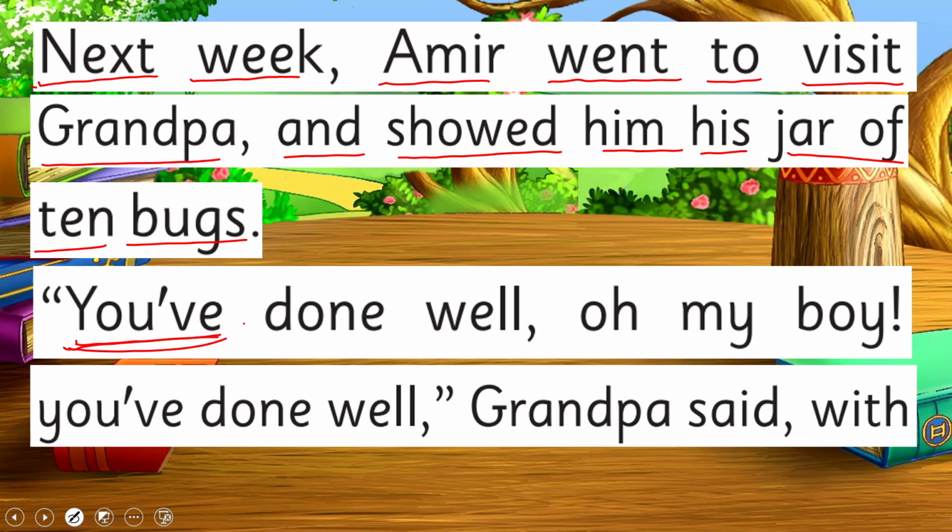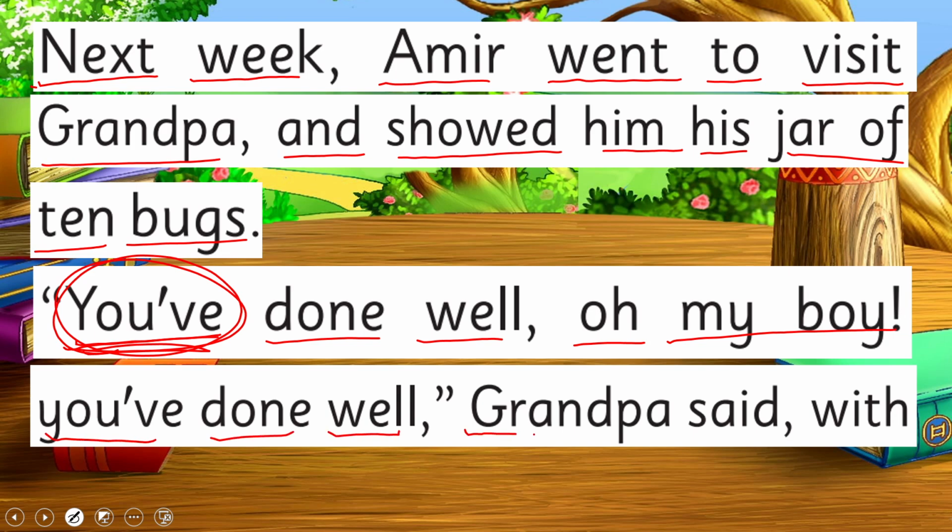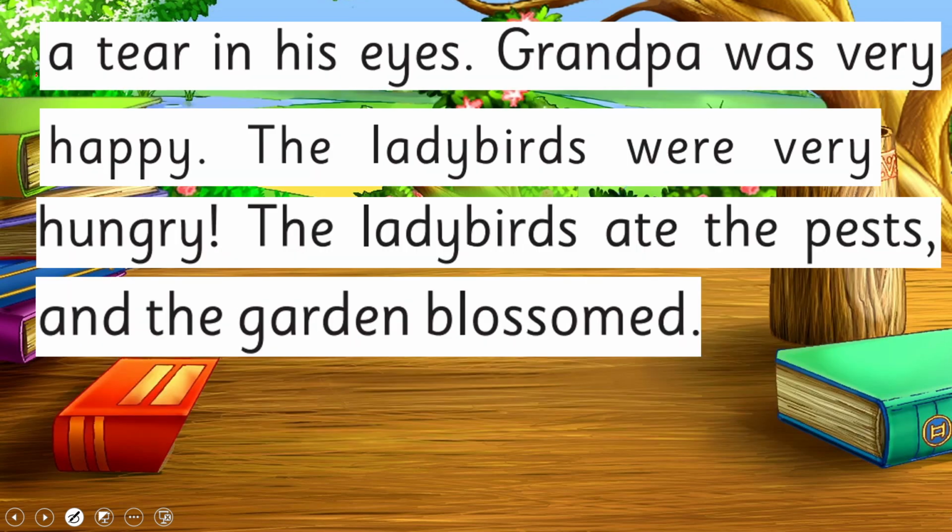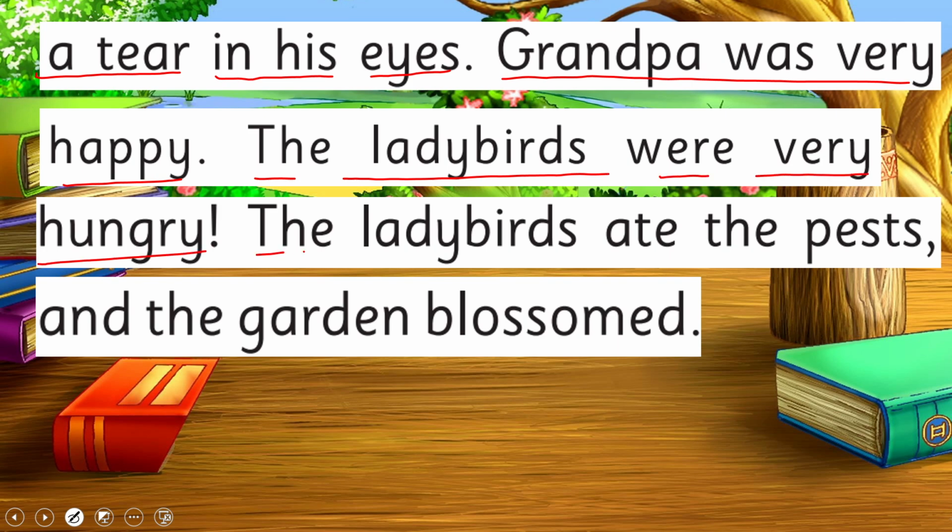You've, again, a weak form of have, right? Remember? You've done well. Oh, my boy. You've done well, Grandpa said with a tear in his eyes. Grandpa was very happy. The ladybirds were very hungry. The ladybirds ate the pests and the garden blossomed.